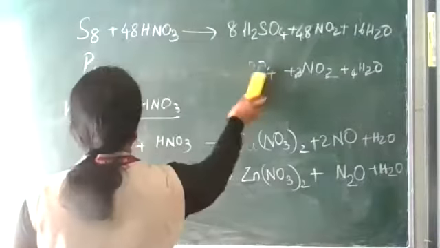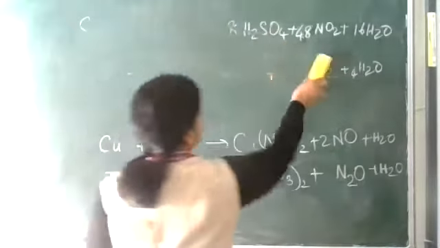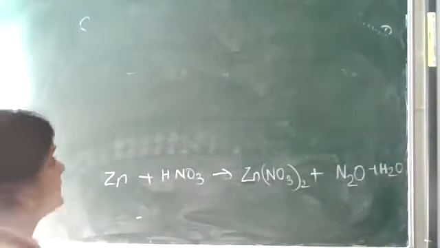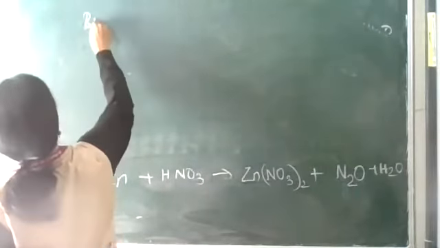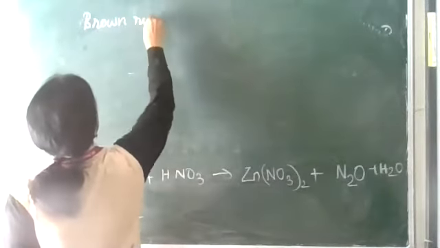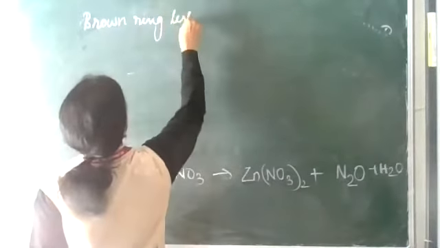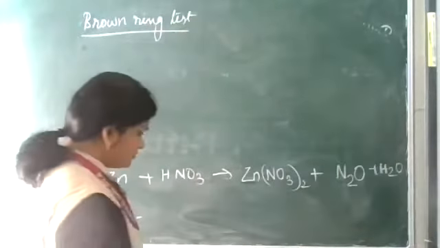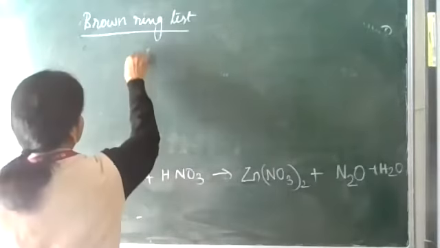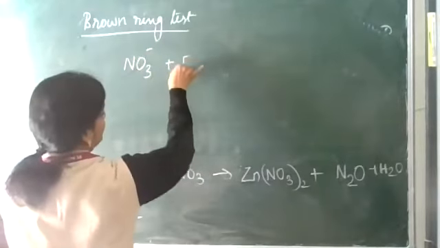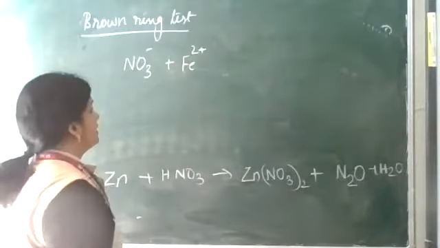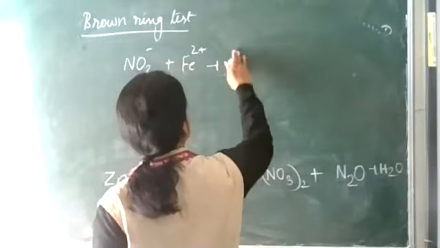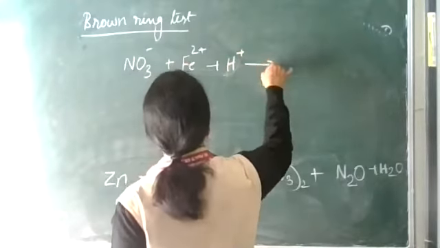The test for nitrate is the brown ring test. In the brown ring test, a nitrate is there with freshly prepared FeSO4 solution in the presence of acids, that is H plus.